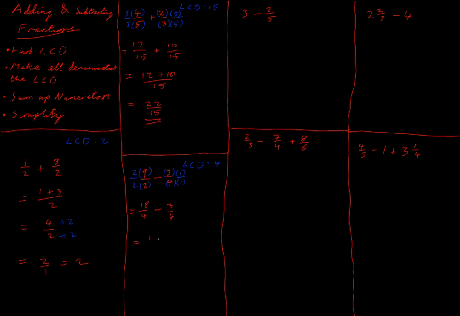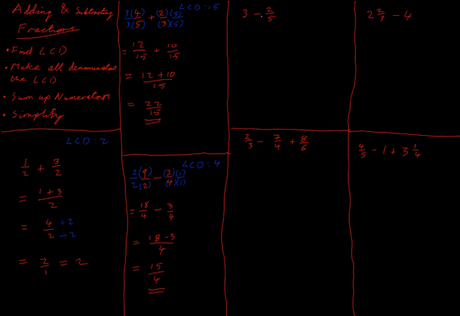So we have 18 minus 3, that's the sum of our numerators, and they're both over 4. So now we're able to do that subtraction. We have 18 minus 3 is 15 all over 4, and there's no simplification that we can make in this particular case. So that's our final answer.